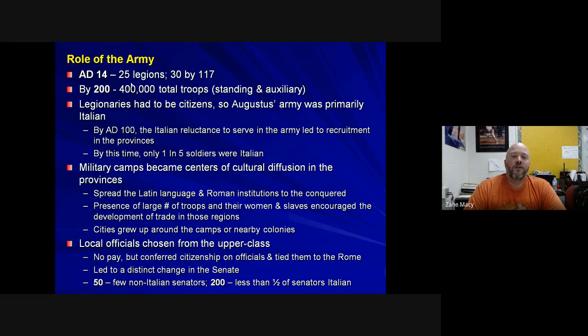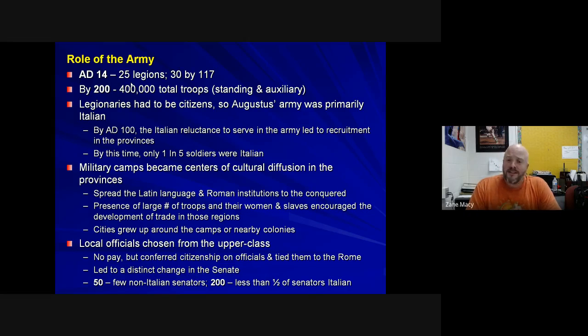By the year 200, it had extended to 400,000 total troops, both standing and auxiliary or reserves, foreigners that had not gained citizenship yet, but still served the military, but weren't considered part of the legions themselves.